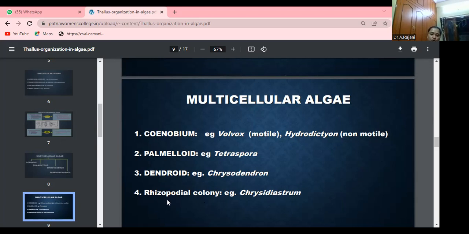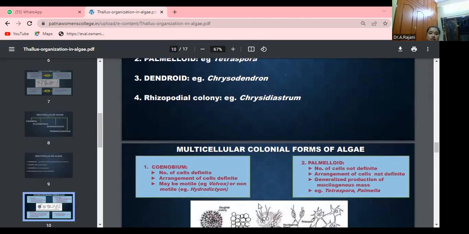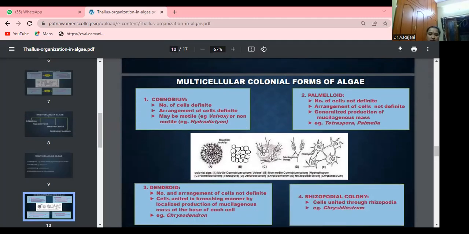And rhizopodial colony, the last one. These rhizopodial colonies are joined by rhizopodia, just like rhizoids, you know. The structure is the same here also, rhizoid structures are there. These are called rhizopodial colony. The best example, Chrysidiastrum.